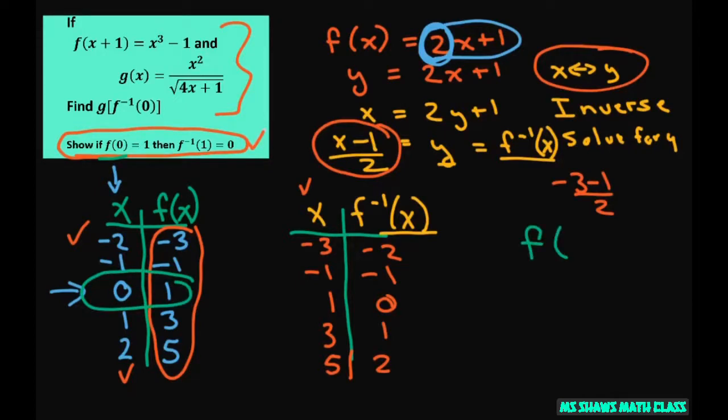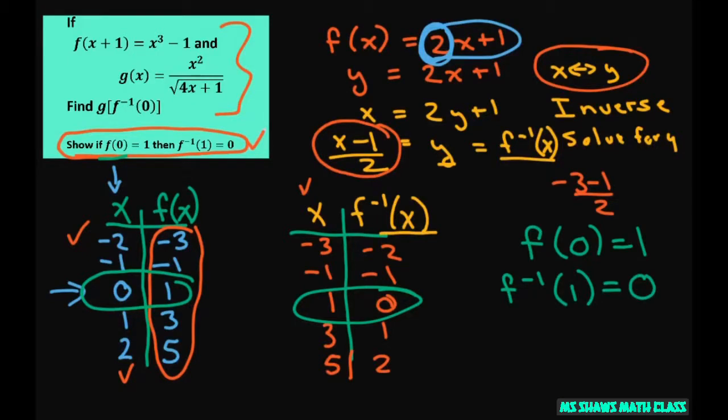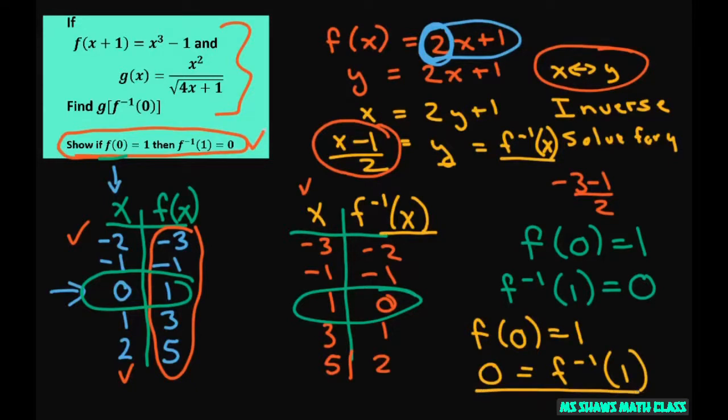So if f of 0 equals 1, then f inverse of 1 equals 0. Basically we're just moving this: if I take f of 0 equals 1 and apply f inverse to both sides, I get 0 equals f inverse of 1. So that's basically what's going on there.